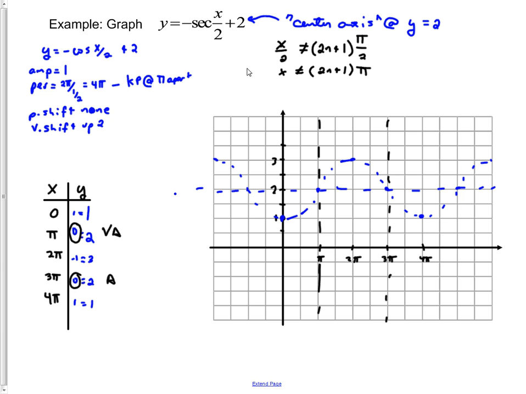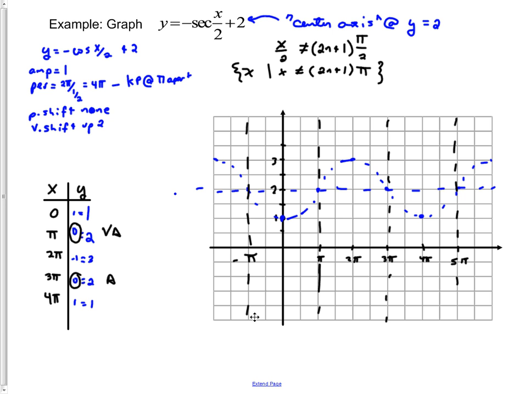And what does that mean for us? Well, our vertical asymptotes are going to all occur at odd multiples of pi. So we'd have 5 pi right here, and that would be the location of a third vertical asymptote. Or if we went off to the left to negative pi, we would also have a vertical asymptote. Now the graph makes it a little bit more obvious what's going to happen right here.